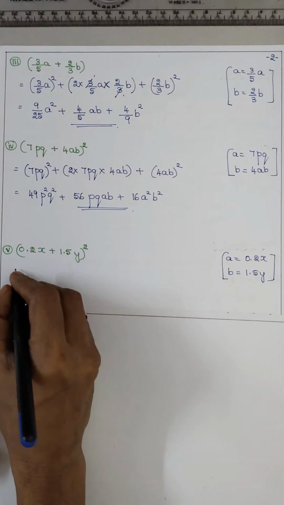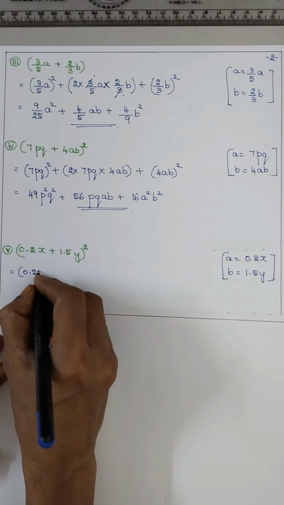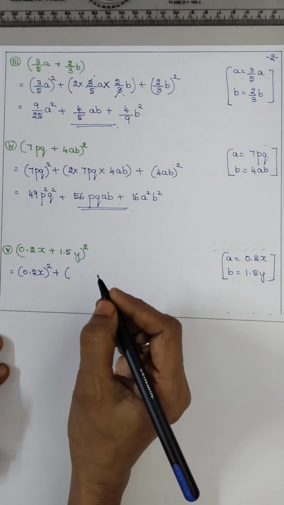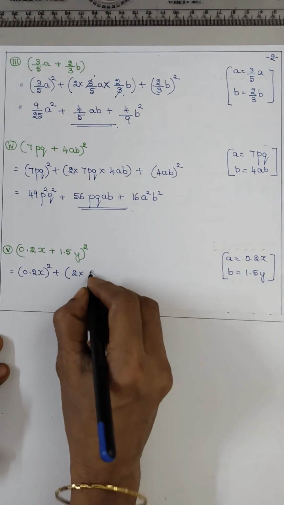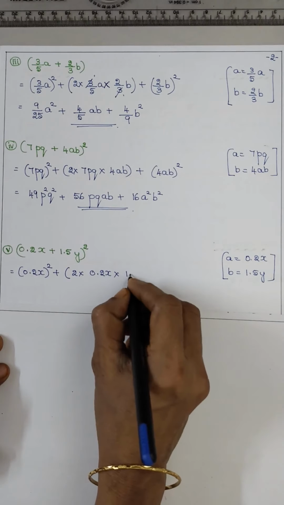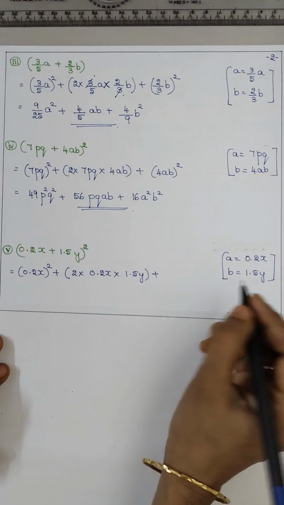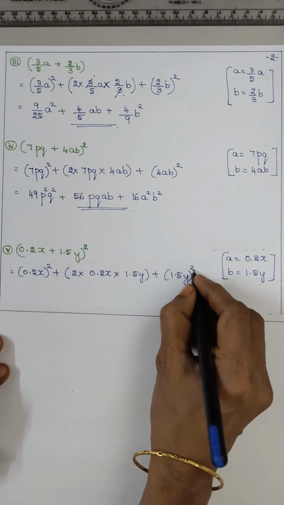Now a squared, 0.2x the whole square, plus 2ab, 2 into a is 0.2x, b is 1.5y, plus, now b squared, 1.5y the whole square.